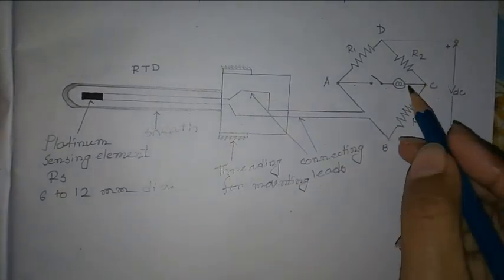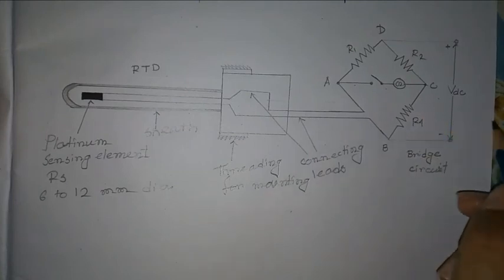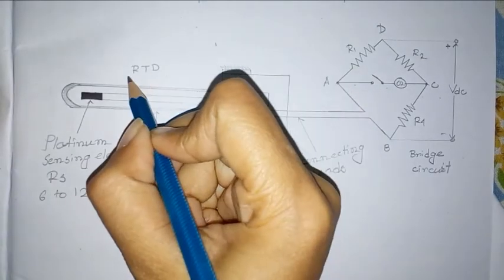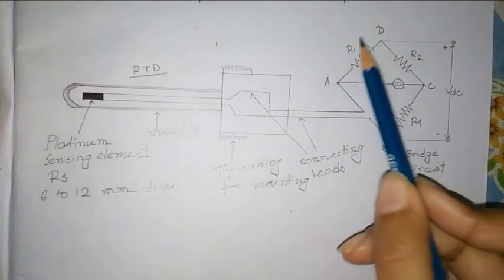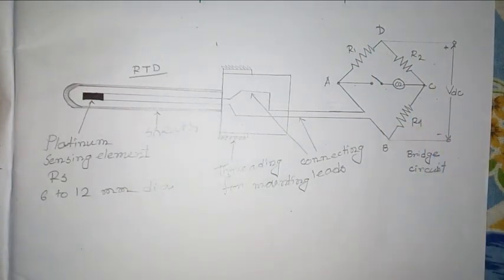And this is a Wheatstone bridge. This is the RTD. Resistances R1, R2 and R4 are constant value resistances.